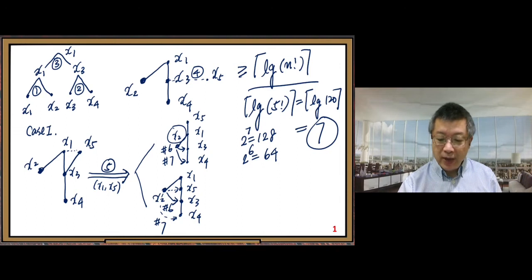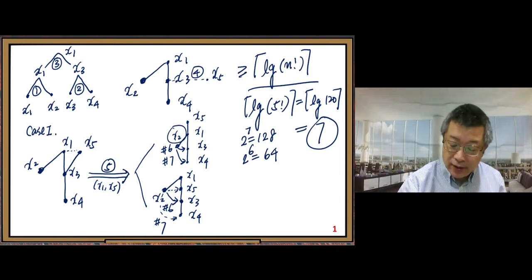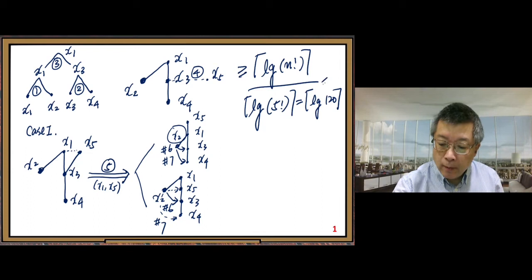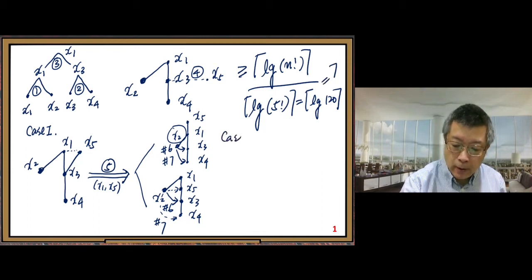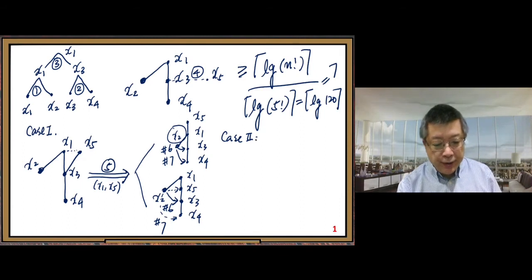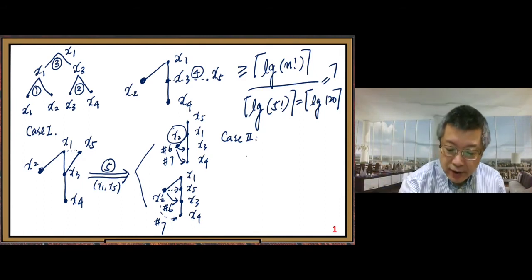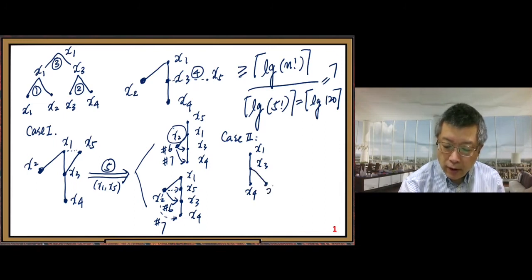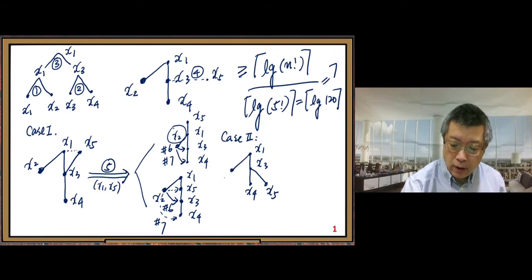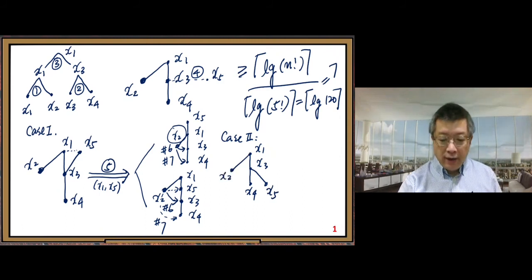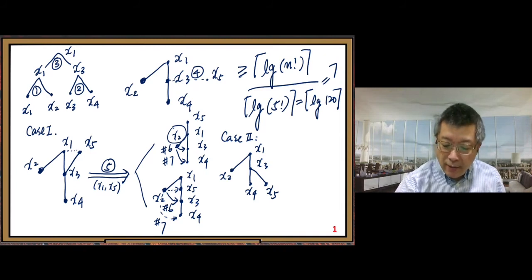Now case 2: X5 less than X3. So it's something like this: X1, X3, X4, X5, X2. For number 5, we compare X4 and X5.